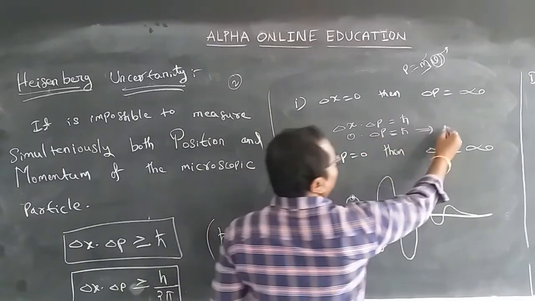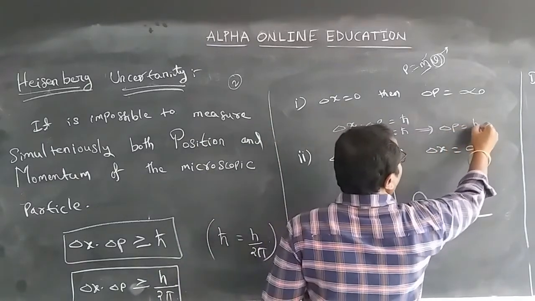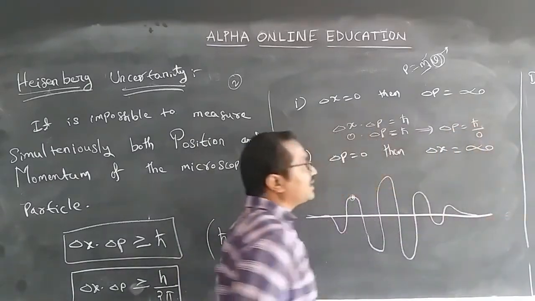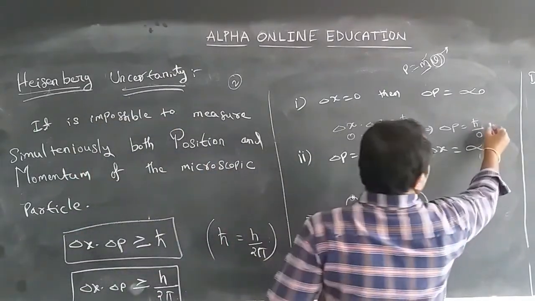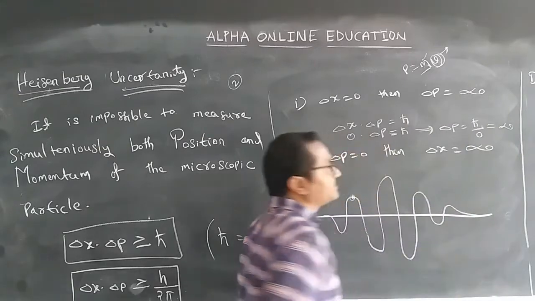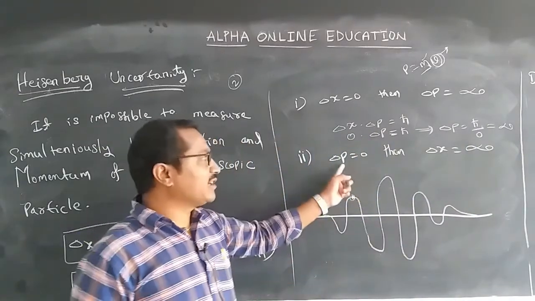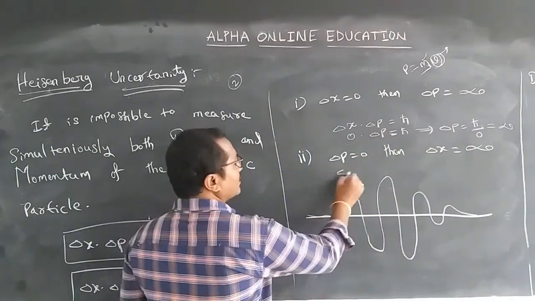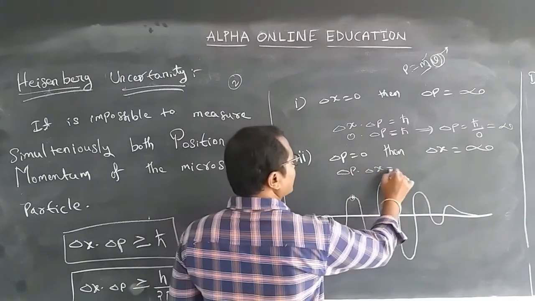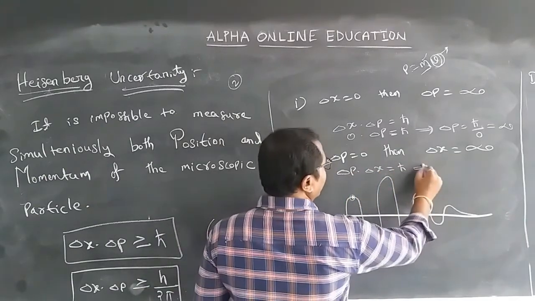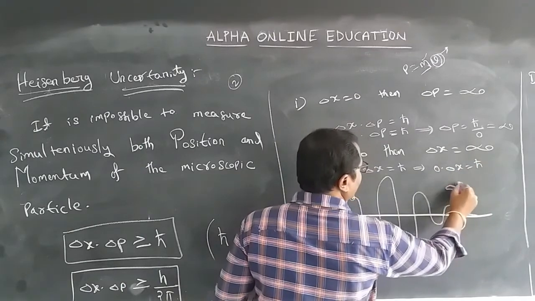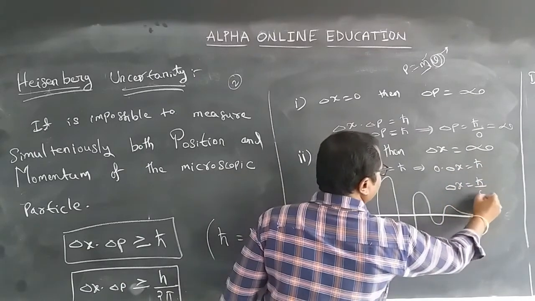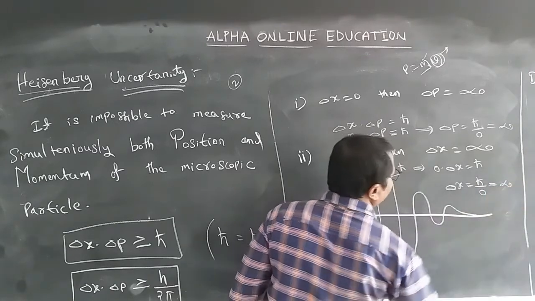So delta p is equal to h cut divided by 0. Something divided by 0 becomes infinity. Is that clear? Here also in the same way, delta p dot delta x is equal to h cut, I am taking, and it becomes 0 into delta x is equal to h cut. So delta x is equal to h cut divided by 0, it becomes infinity, the same case.